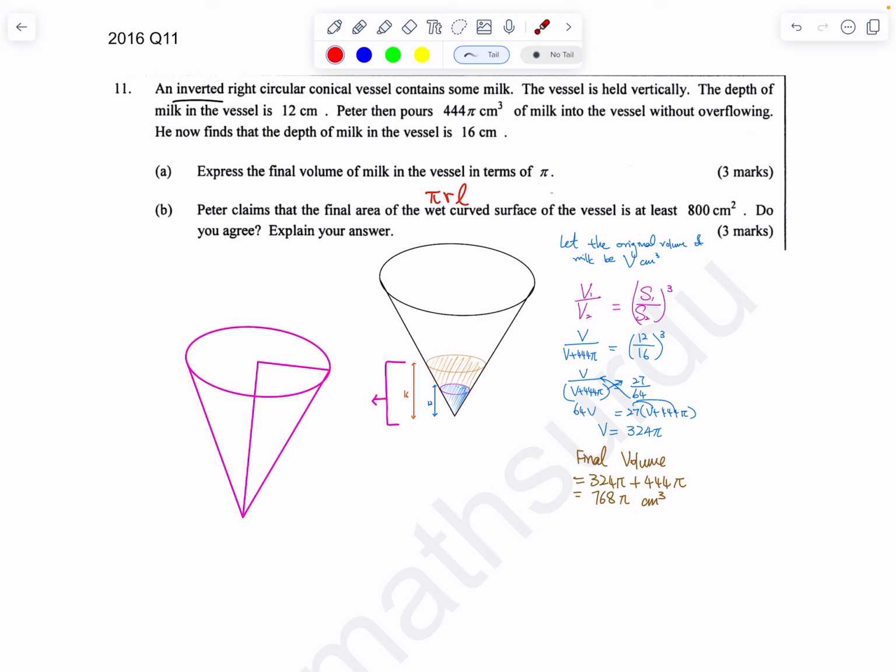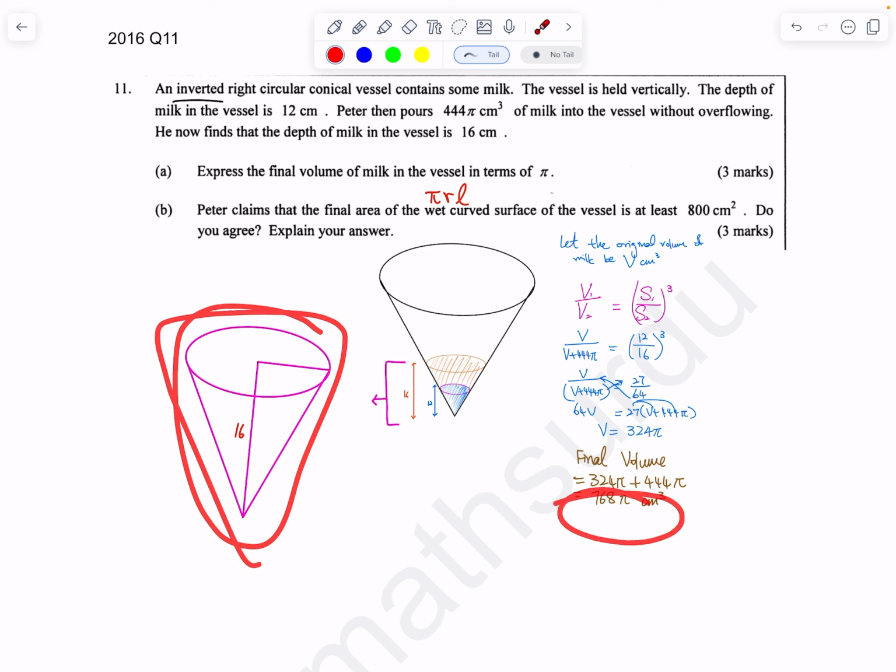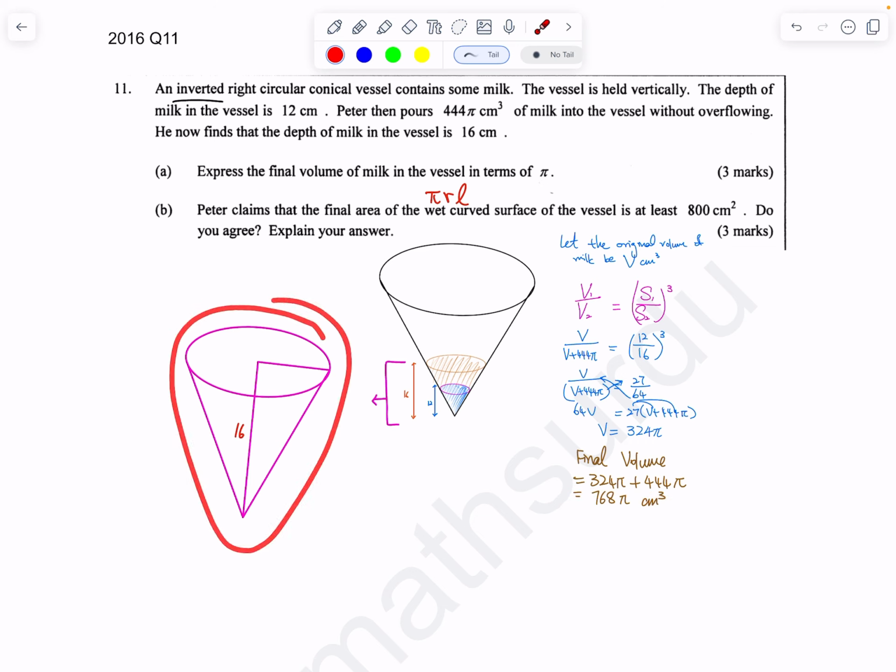What is r? R is the radius, l is the slant height. What do we know now? We just know the height. So height is 16. How do I find the radius or the l then? Well, it's not that hard because we know this whole thing volume. And how do we usually find the volume of a cone?